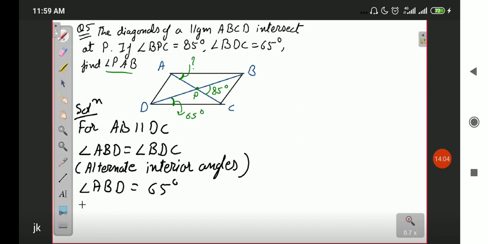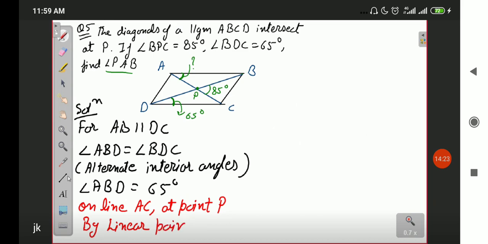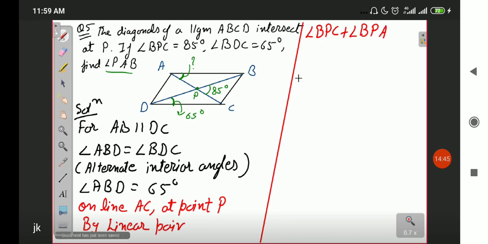Now, second thing, on line AC at point P, by linear pair, angle BPC plus angle BPA is equal to 180 degrees.